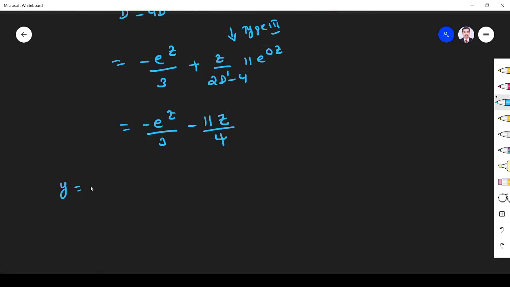So y is equal to CF plus PI. That is a plus b e power 4z minus e power z divided by 3 minus 11z by 4.